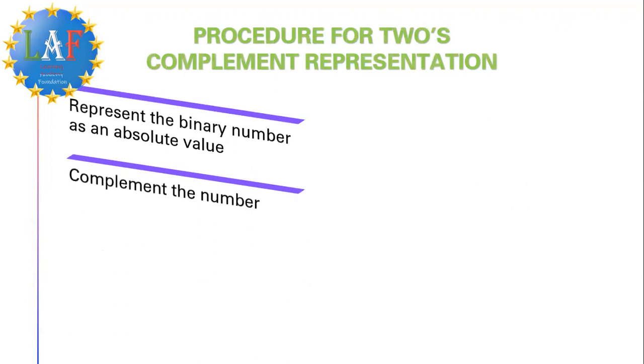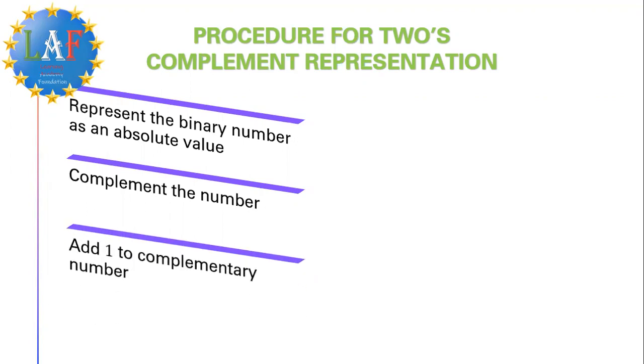Complement the number, so ones become zeros, and zeros become ones, and add 1 to the complementary number. So for example, we represent negative 5 in base 10 in two's complement.